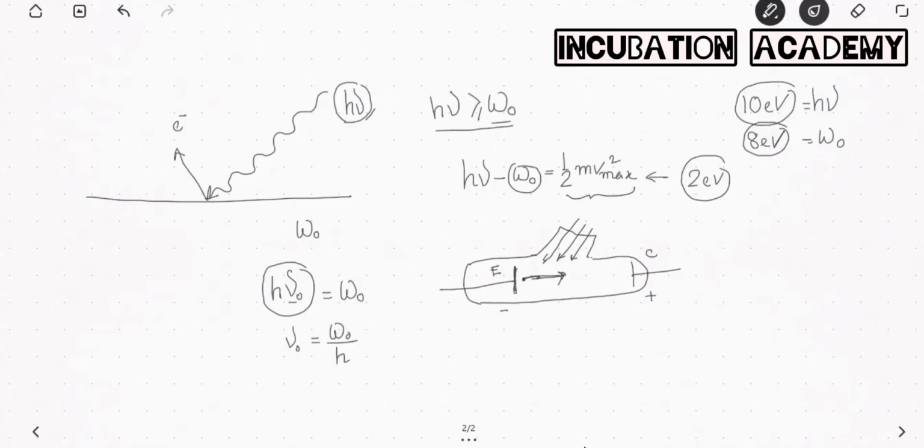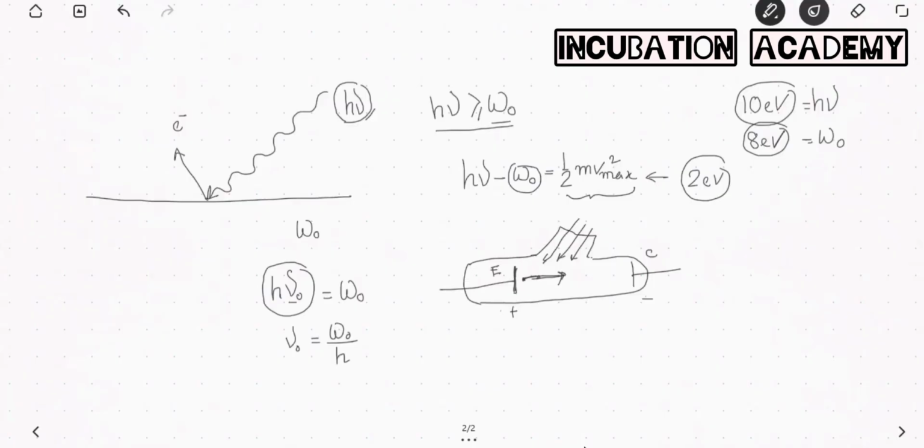With that energy it proceeds towards the collector plate. Now think, if you reverse this, making the collector negative and the emitter positive, then what will happen?